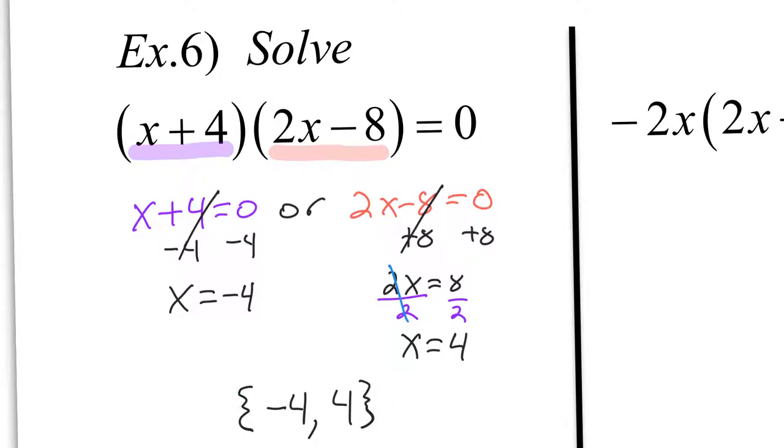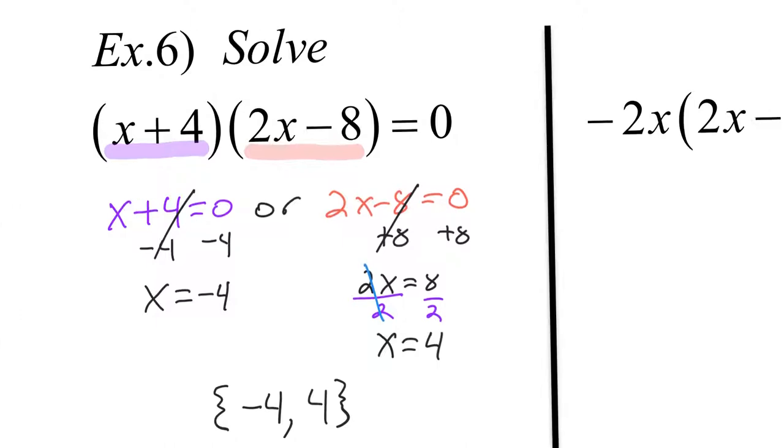If you put parentheses instead of brackets, that means it's a coordinate point, which means you have an x value and a y value. This is not a point. That's why we use brackets, because both numbers are x. x equals -4 and x equals +4. So make sure you use brackets, and it's always nice to have the lowest number first and then the highest one. Does the order matter? Not really. You can have those numbers switched, but mathematically it looks nice when you have the numbers in order from lowest to highest.